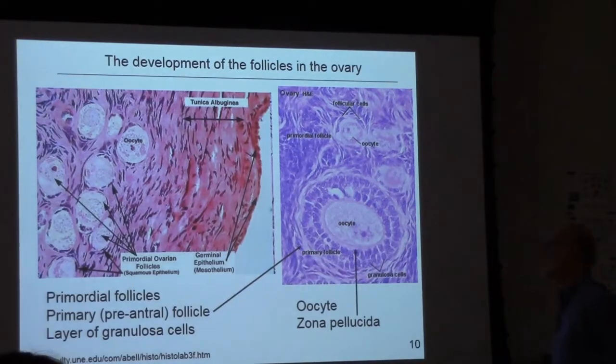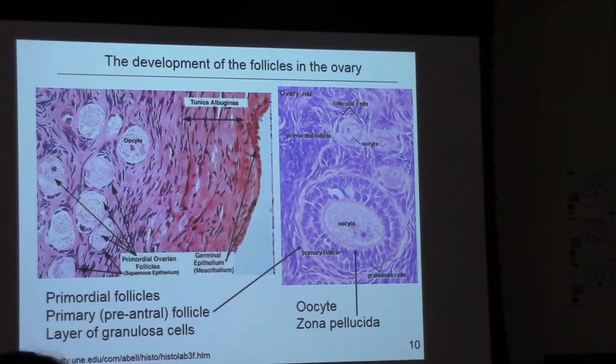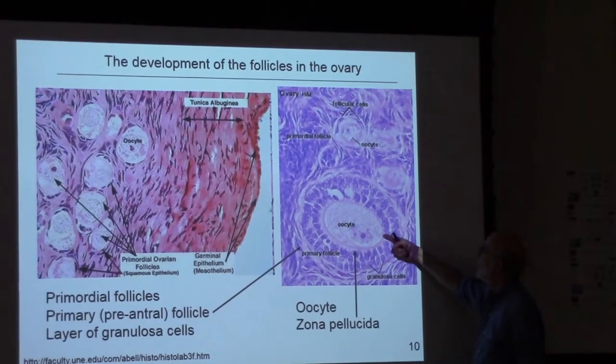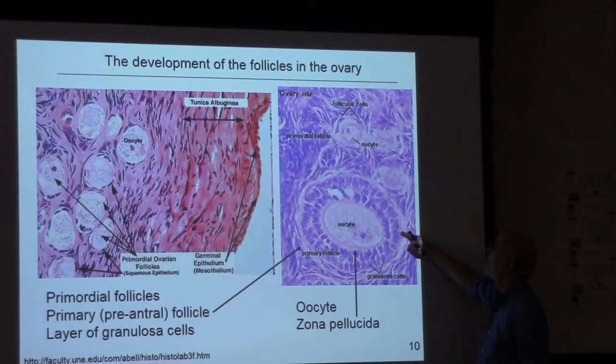So here are some images of the way things really look in stained microscopic section. So here is the edge of the ovary. Here is the tunica albuginea. Here are primordial follicles. So this is a high magnification looking at primordial follicles. Here is a primary, not primordial, a primary follicle with the oocyte, zona pellucida, and granulosa layer.